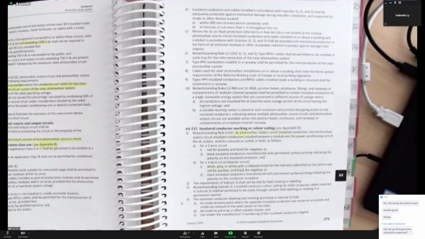Go through some calculations. What type of calculation?